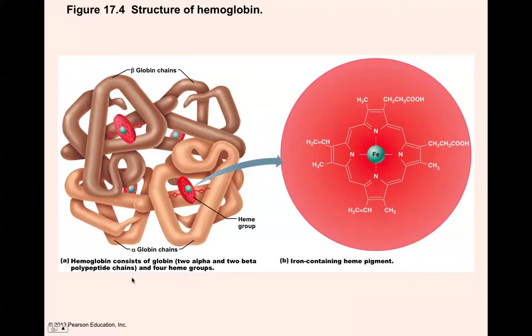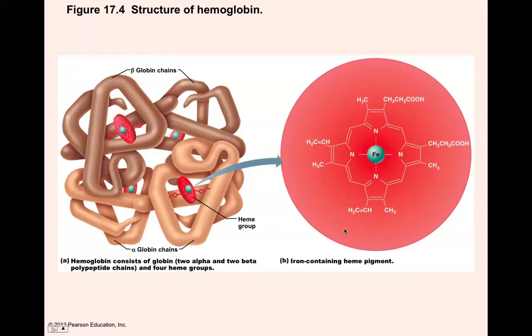Hemoglobin is a large protein, and you can see here in the brownish color, you've got the beta globin chains illustrated, and they're all folded up, and then these more beige color, you've got the alpha globin chains. Each one of these has a heme pigment associated with it, the red disc with the green ball in the middle, and you can see each hemoglobin molecule has 4 of these heme groups because there's 4 polypeptide chains.